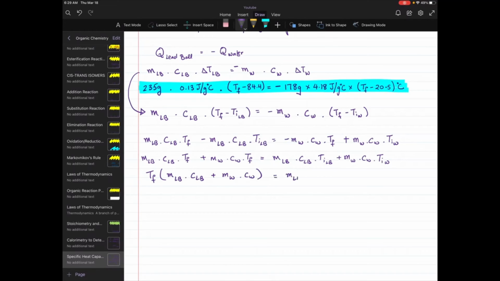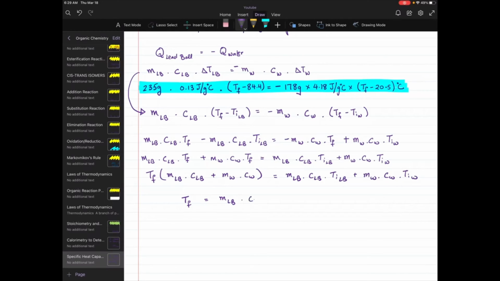We can just rewrite that. Don't have to change that. LB TI plus MW CW and TIW. Now, what we can do is take the component in the bracket from the equation and take it to the other side, which will isolate the T final. This is what we're looking for.